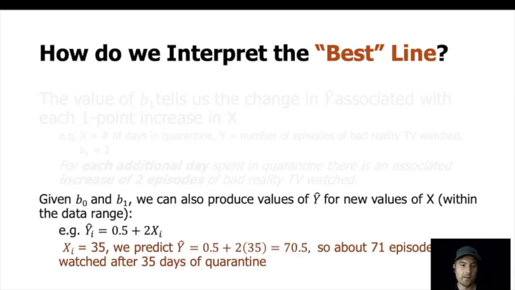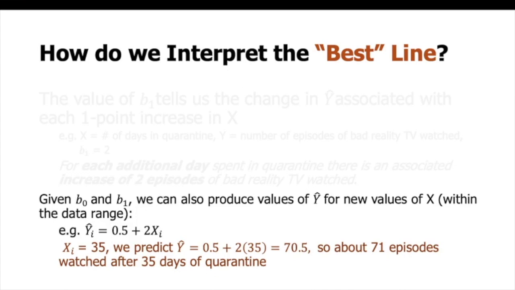Similarly, if we know the intercept and the slope, we can also produce values of the predicted value for new values of x within the data range. We don't ever want to predict outside of what our data actually have.